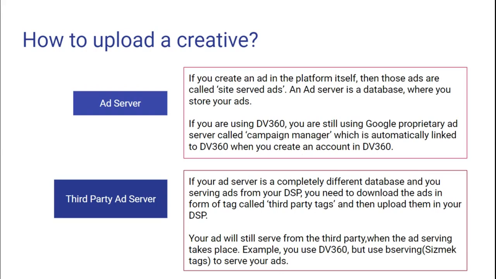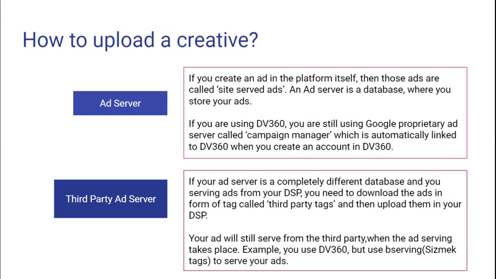Let's say you have your campaign set up in DV360, DV360 will already show you your impressions and clicks. But let's say you want to be one step ahead and track impressions and clicks again from another platform. You can use a third party ad server, for example Sizmek, and take those tags and implement and sync them to your campaign.